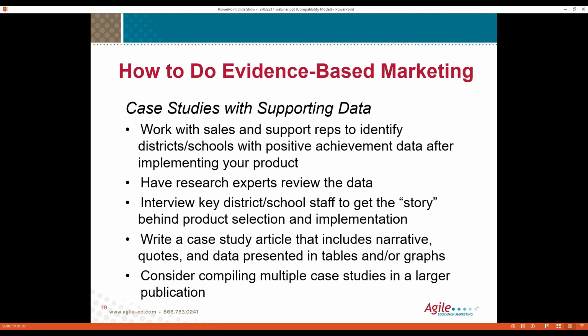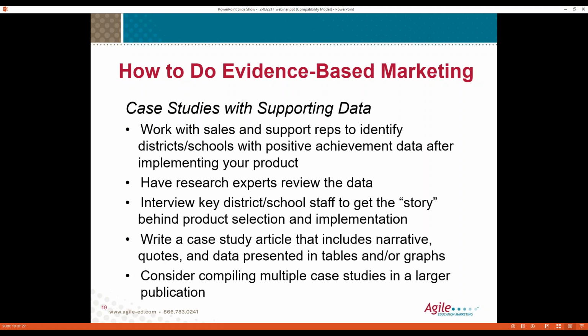What you're trying to find are those districts and schools that, from their perspective, have positive achievement data after implementing your product. Now, they may not scrutinize the data the way research experts would, but you're looking for logical, promising candidates. And I think your sales and support reps who are really in touch with those folks are your best first place to look.